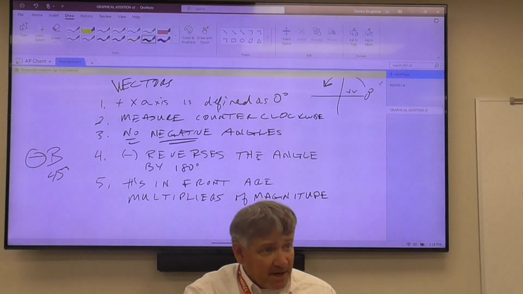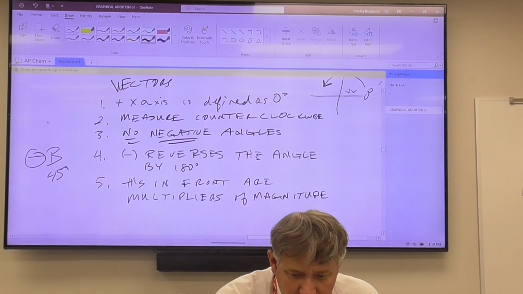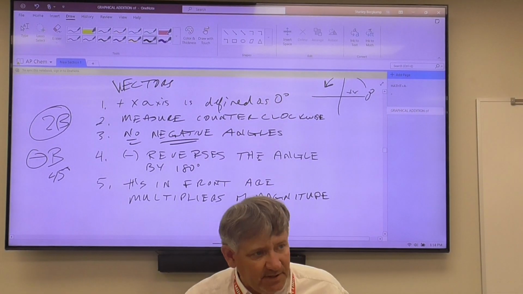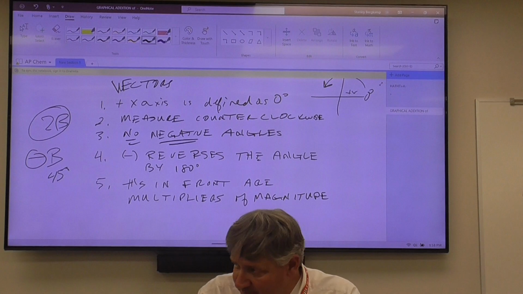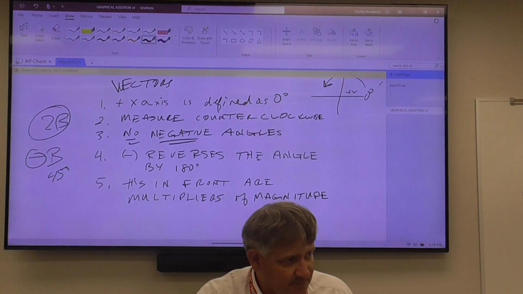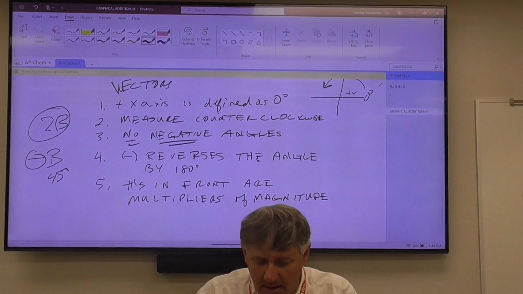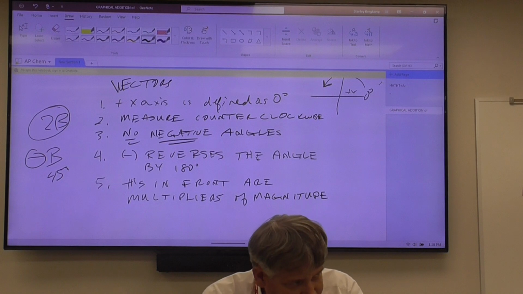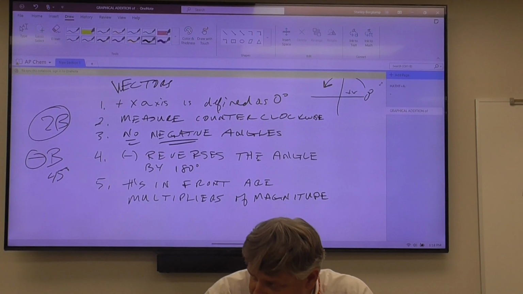If there's a multiplier in front of it, like 2. So if I said, hey, we're going to draw vector 2b, that just means draw vector b twice as long as vector b is by itself. If it was 1/2 b, it would be half that length, okay? Cool with that. Now, this is one of those deals that you understand how to do it. I just have to convince you that you understand how to do this process.